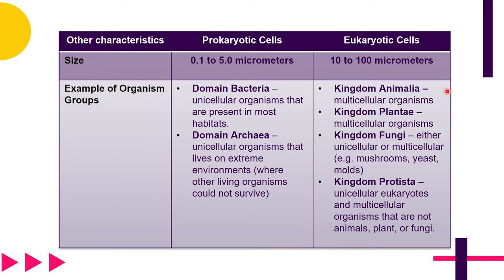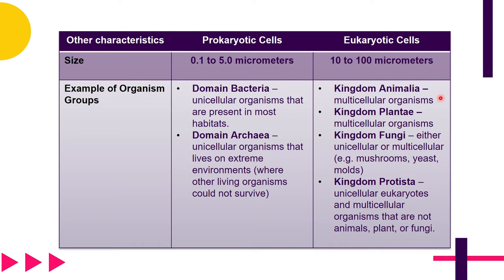Next, we have the following organism groups that are eukaryotes, composed of eukaryotic cells. First, we have the kingdom Animalia. Kingdom Animalia is composed of multicellular organisms. From the word itself, Animalia, animals. An obvious example is us, human organisms.